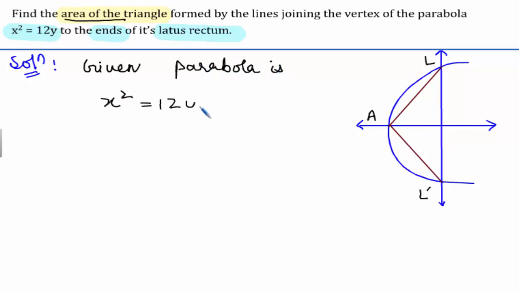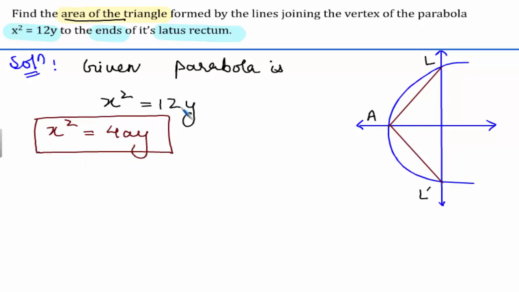Now we know the standard form of the parabola of this type is x square is equal to 4ay. On comparing the given parabola with this, we see that 4a is equal to 12 or a is equal to 12 divided by 4, that is 3.